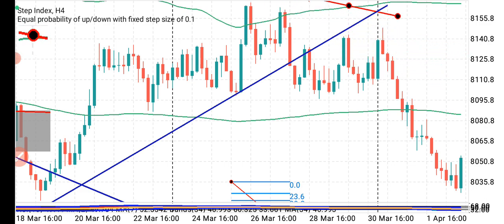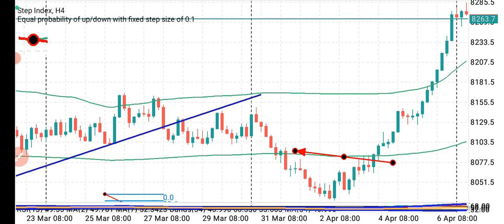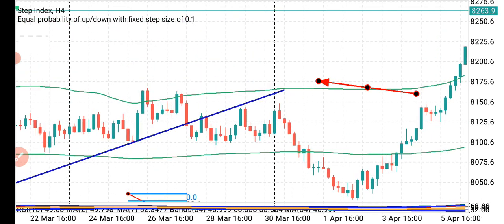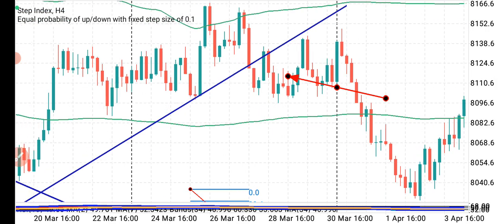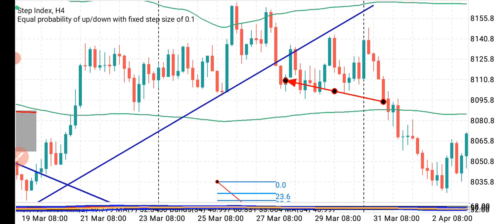Your stop loss is always at the previous high, and then you see how it keeps on playing out, and it plays out up to this level. So this is how to identify fake out and how you can trade fake out.